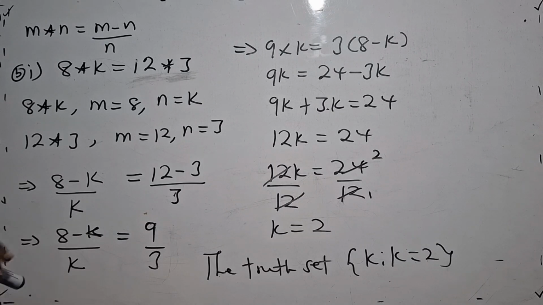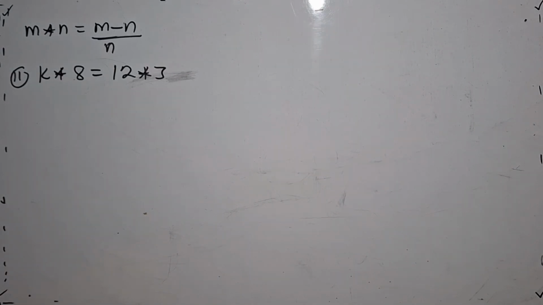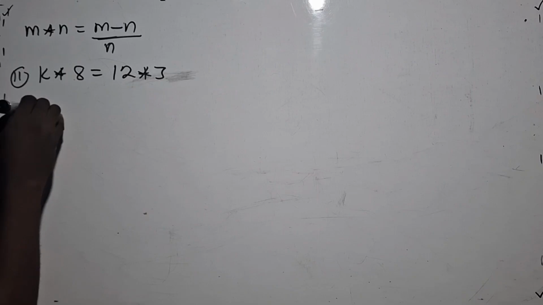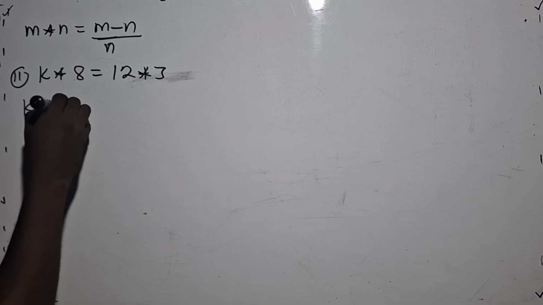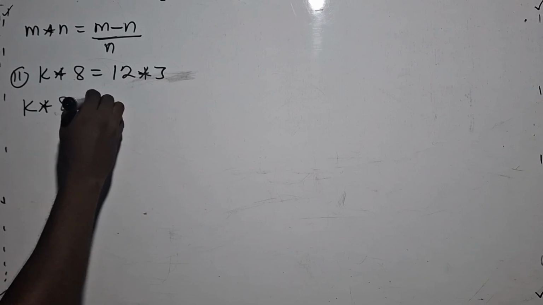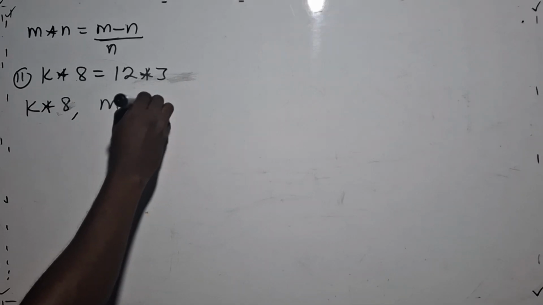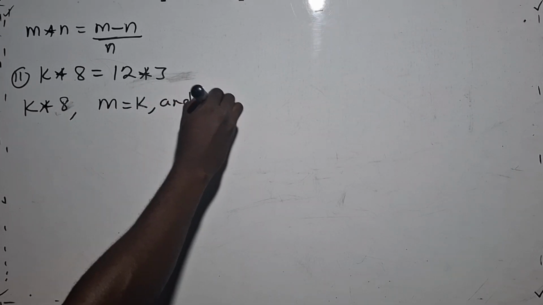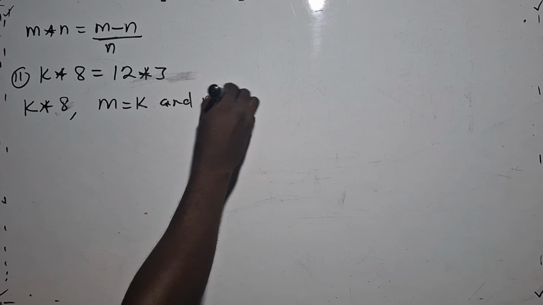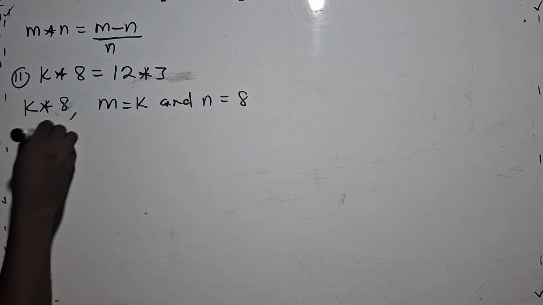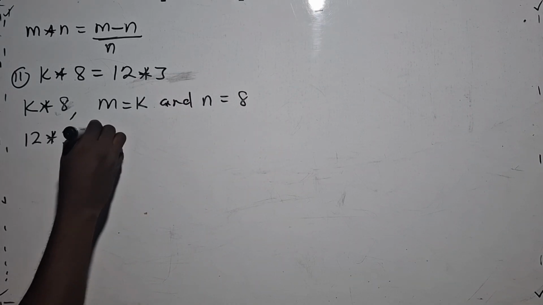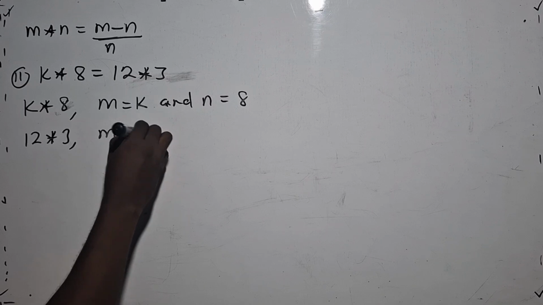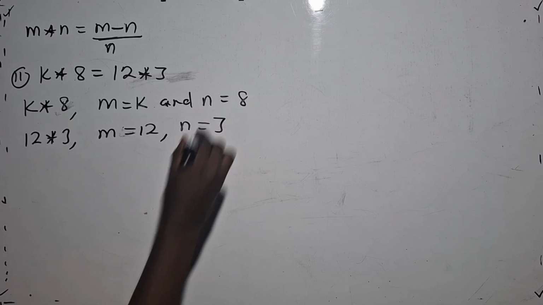So let's look at the BII. With the same operation sign, we have to solve K operation 8 is equal to 12 operation 3. So the first one, K operation 8, our M is K and our N is 8. With the 12 operation 3, M is 12 and N is 3.